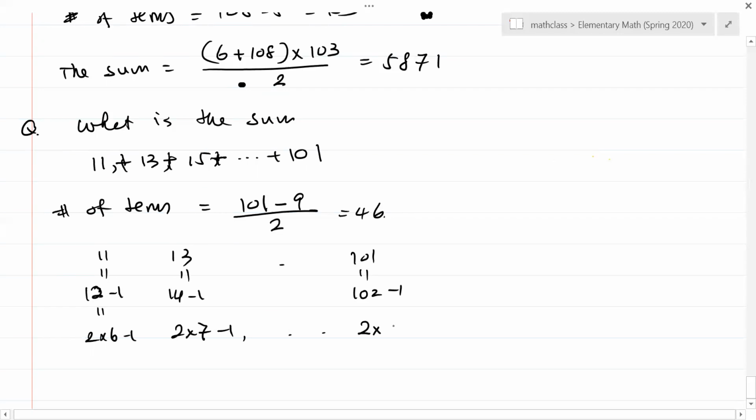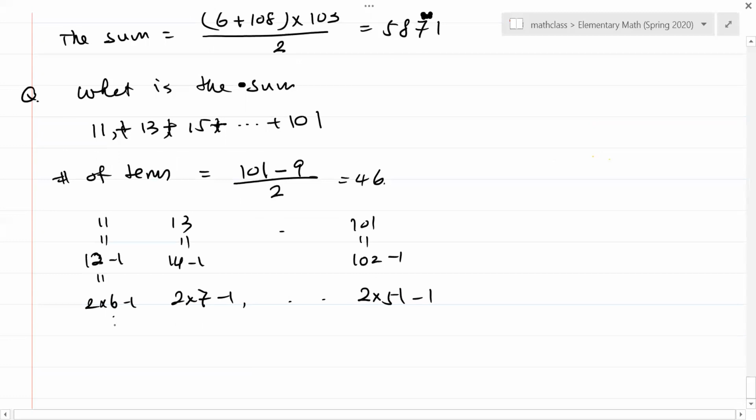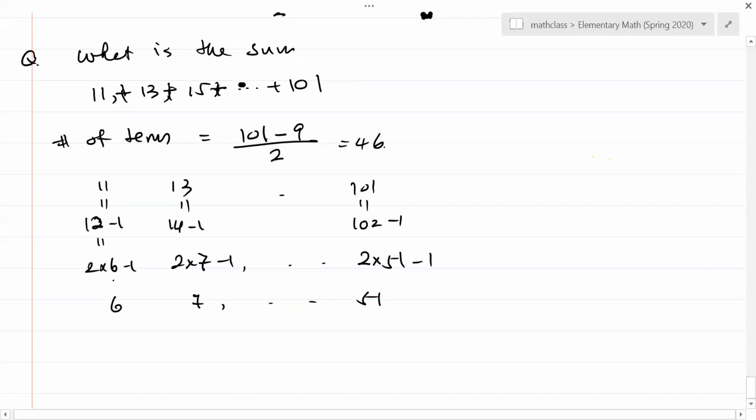Here's 2 times 51 minus 1, right? So you just need to know from 6, from 7, all the way to 51, how many terms there are. It'll be 51 minus 5, which is 46. Okay. So the number of terms is 51 minus 5, it's 46. It's the same.